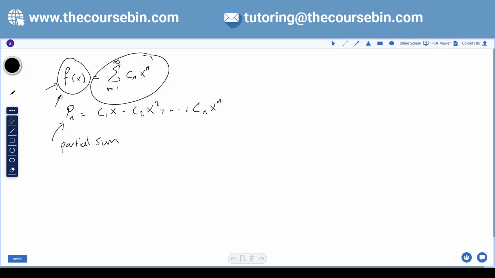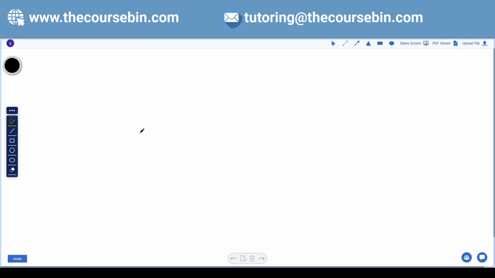You might approximate it to the first 4 or 5 terms, so you just sum until you get to term number 4 or 5, whatever your approximation is. We're going to get more into that, but we're going to focus first on Taylor polynomials.